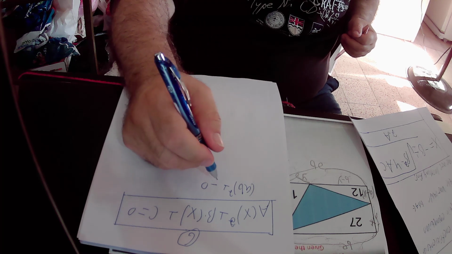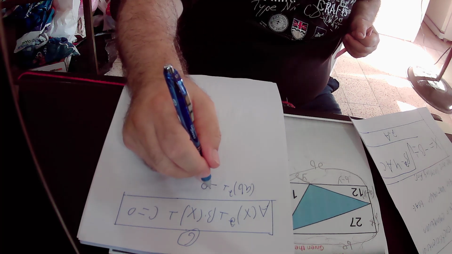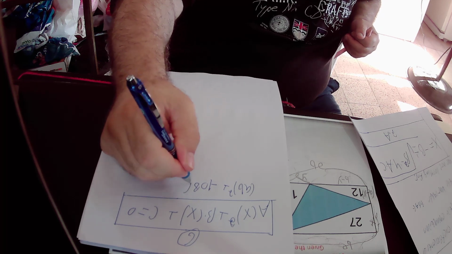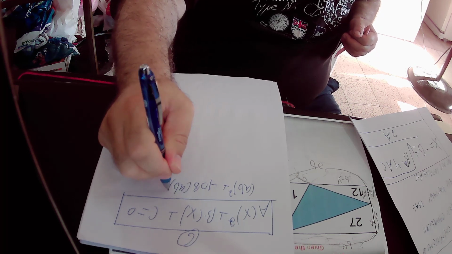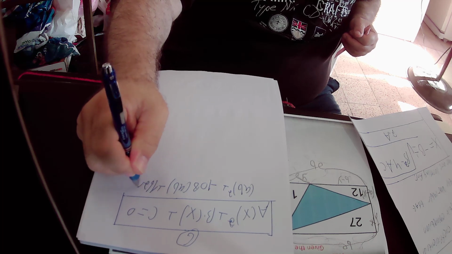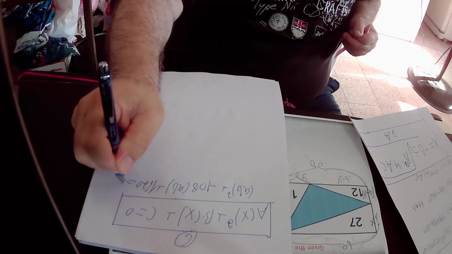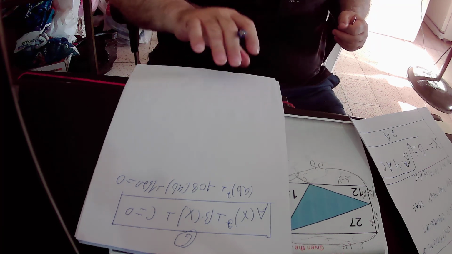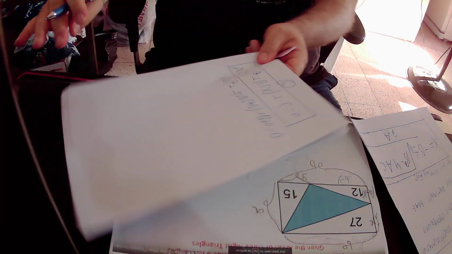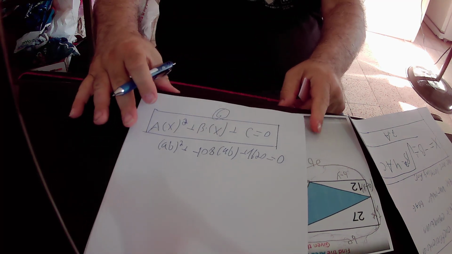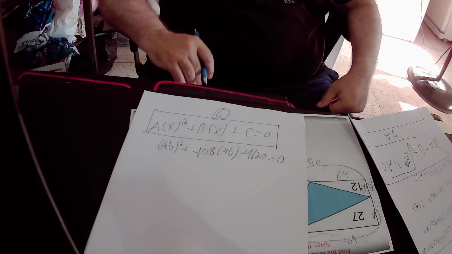So minus 108 AB plus 1620 equals 0. So this is our specific quadratic equation.